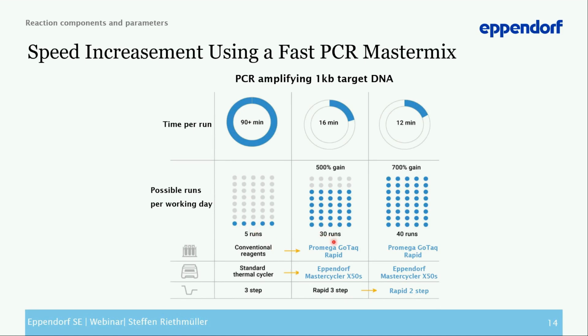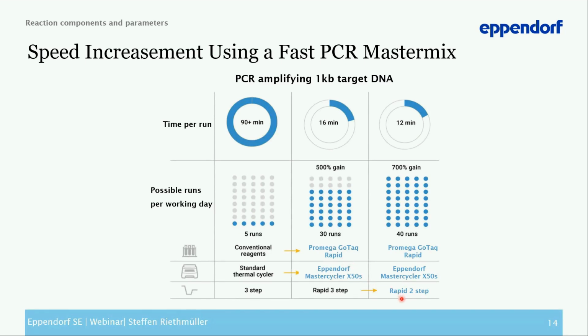If you use fast PCR master mixes and the fastest thermal cycler currently on the market, the Mastercycler X50s, you can speed up your PCR massively and reduce the runtime to 16 minutes. This means you could perform 30 runs per day.